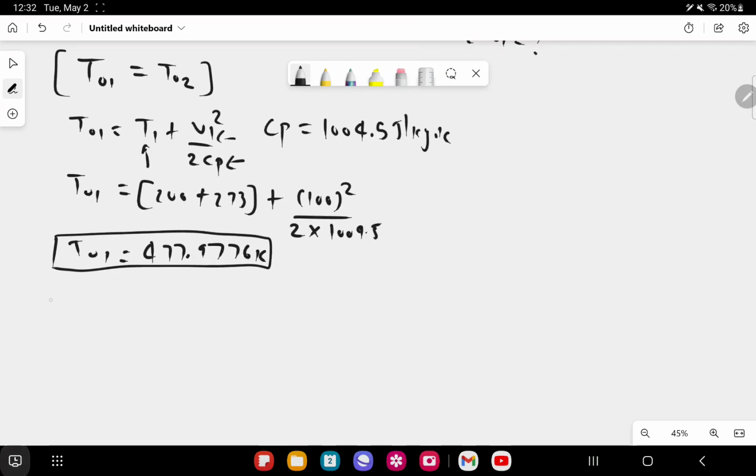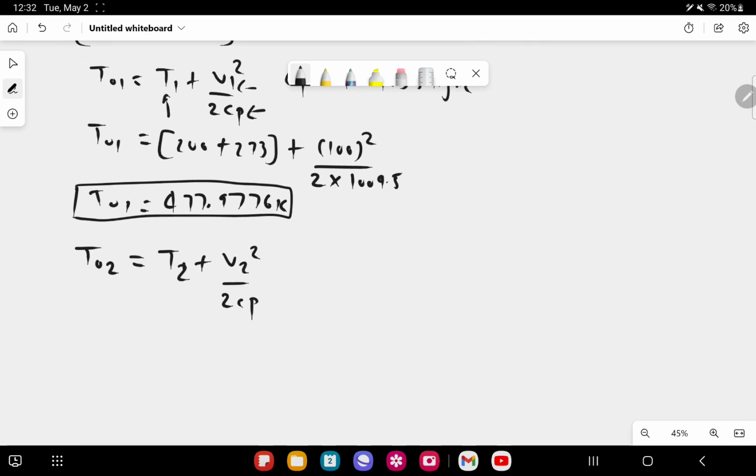Now T02 can be written as T2 plus V2 square over 2Cp. Now, since the flow is adiabatic, T01 is equal to T02, which is equal to 477.9776 Kelvin.